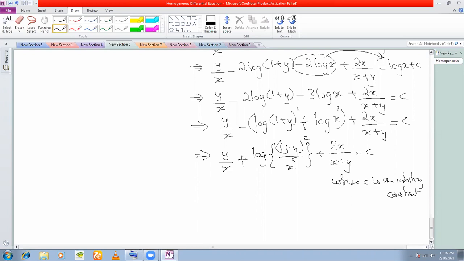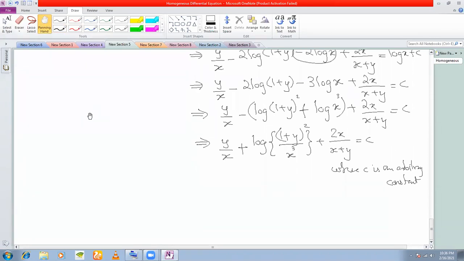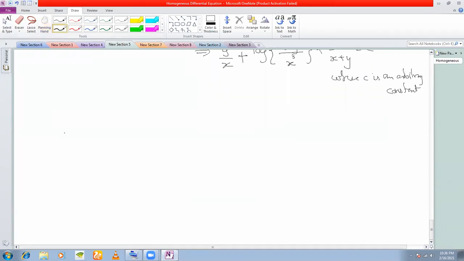So the problem that I want to take up here will be this, the one with boundary conditions given.